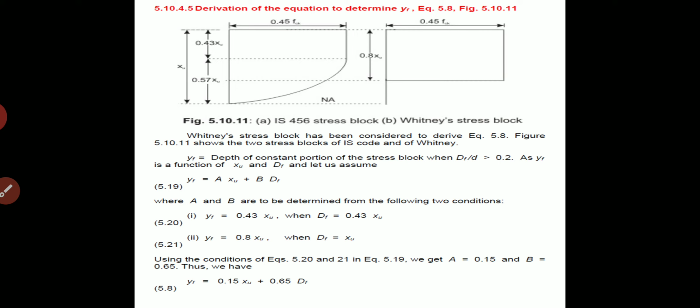Derivation of the equation to determine Yf.